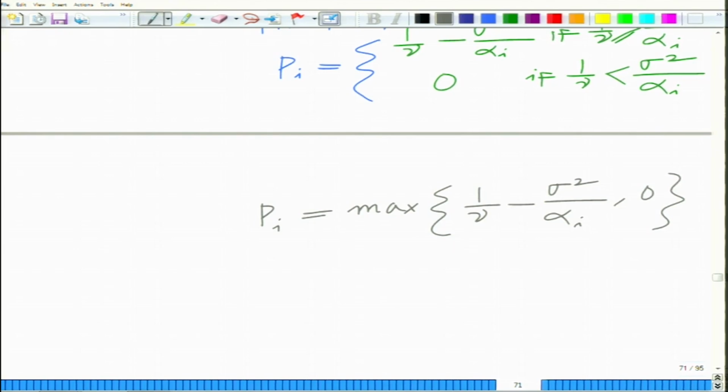If 1 over nu is less than sigma square by alpha I, then this quantity is negative, and therefore the maximum will be 0 and the power is 0.